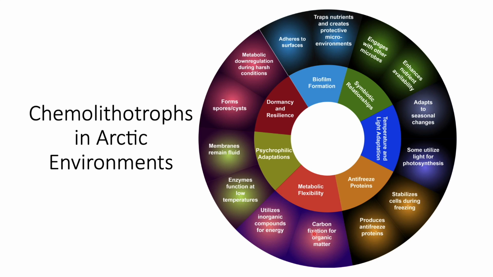They are involved in carbon fixation for organic matter. Also they utilize inorganic compounds for energy. So both types of carbon are fixed. Their psychrophilic adaptations include membranes that remain fluid, and some of the enzymes function only at low temperatures. So these are some of the adaptations the chemolithotrophs have.